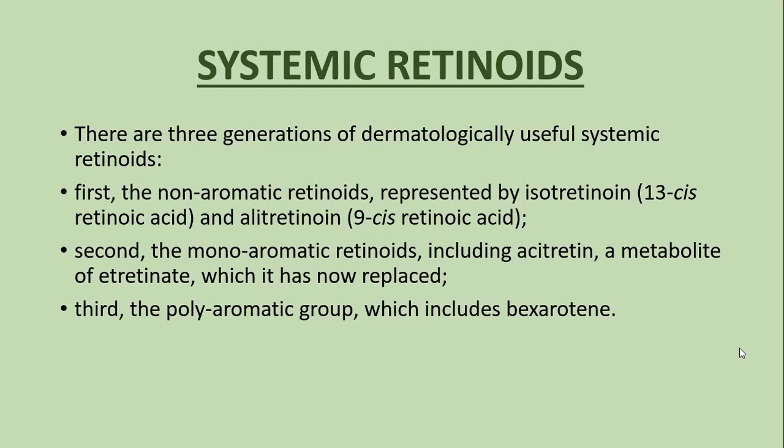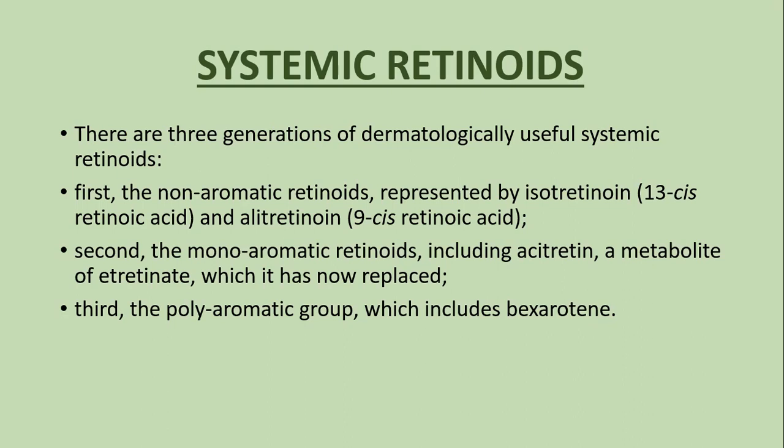Then next, drugs to be discussed are the systemic retinoids. There are 3 generations of dermatologically useful systemic retinoids. The first generation is the non-aromatic retinoids, represented by isotretinoin and L-tretinoin.